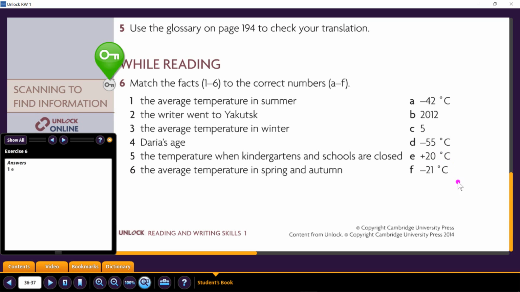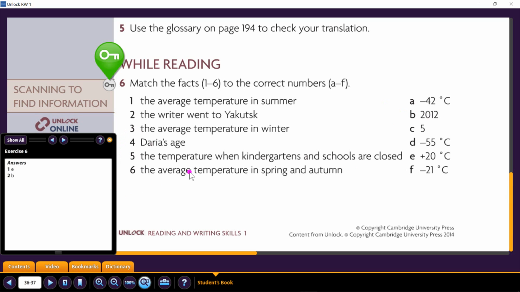And we talked about Celsius and Fahrenheit, so on and so forth. Number 2, the writer went to Yakutsk. It's obvious. So 2 with B. These are numbers and here is a year, so it's kind of obvious.